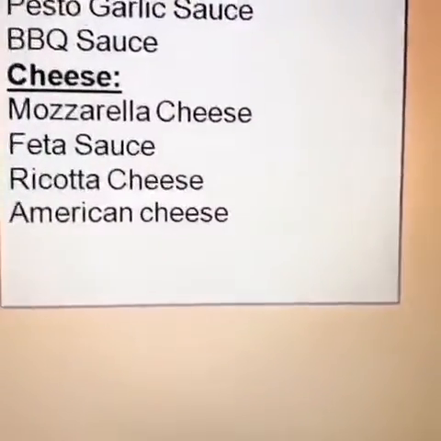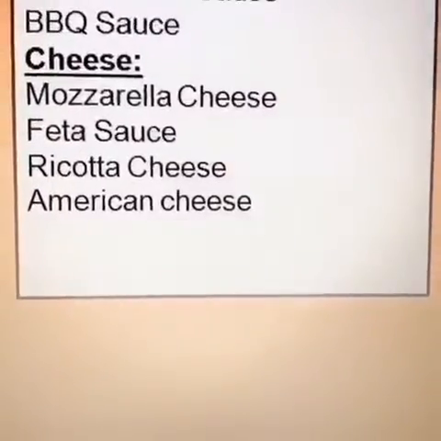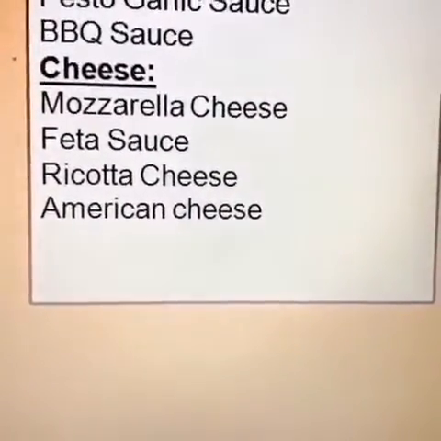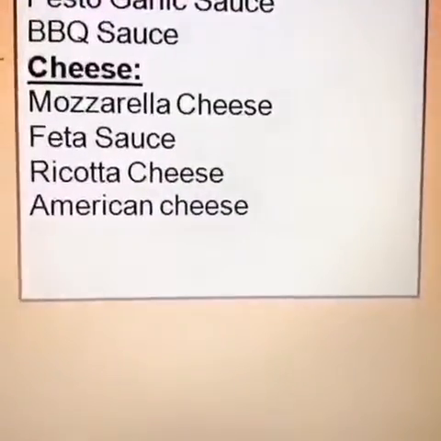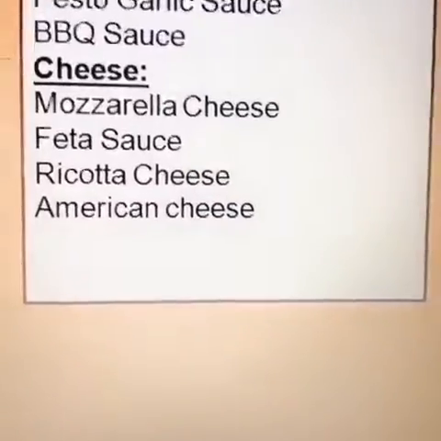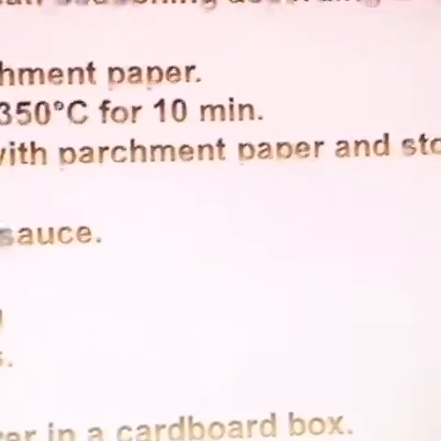For now, we are giving pizza sauce, Alfredo sauce, pesto garlic sauce, and barbecue sauce, and for cheese, we are giving mozzarella cheese, feta cheese, ricotta cheese, and American cheese. I'm sorry, feta is a cheese, not a sauce. Now let's talk about the cooking method.